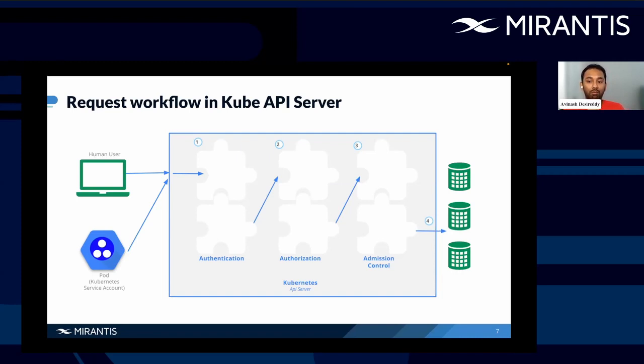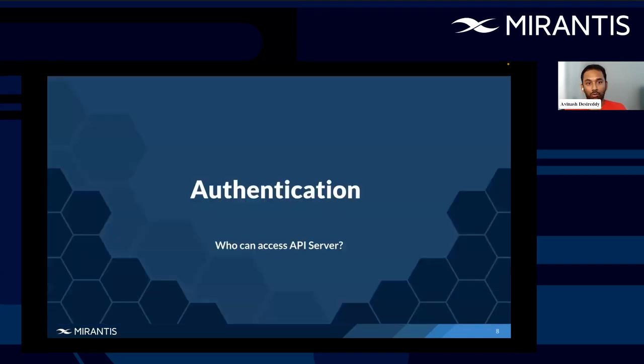For example, if we have to make any changes to the incoming request, like adding certain node labels or attaching secrets, that can be done in the admission controller phase.